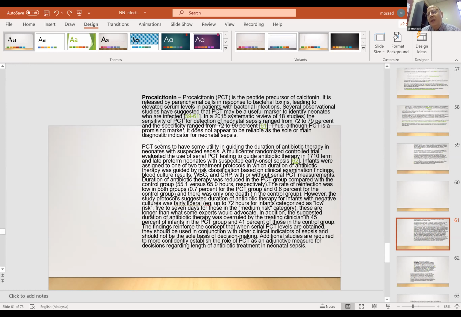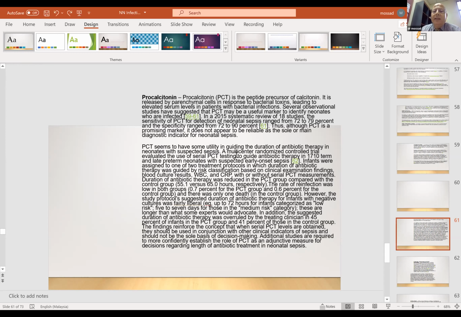Usually we are using serial CRP, and we are using one of the procalcitonin. If we find it still high, we continue the antibiotic, and then it will help us. You see, it says here, procalcitonin has some utility in guiding the duration of antibiotic therapy in a neonate with suspected sepsis.